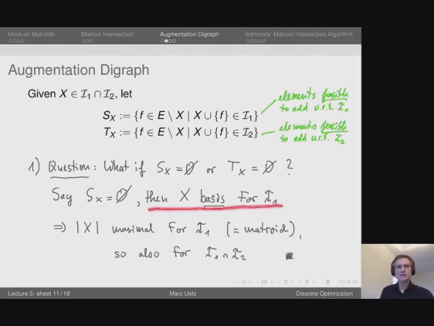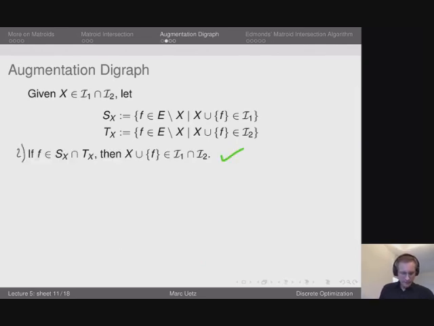So we have a basis in the first matroid, and that means that the cardinality of X is maximal for the first matroid. Remember, because this is a matroid, the sizes of all the bases are the same. So this is a maximal set already for the first matroid, and hence we cannot augment it. Therefore it will also be maximal in the intersection of the two matroids. That's the simple case, and in that case we would already be done.